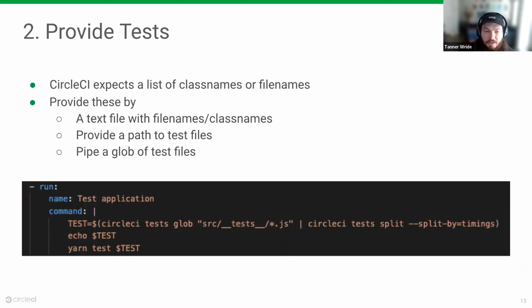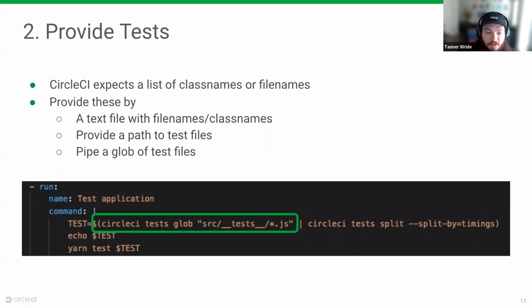So essentially what we're doing here is we're just saying that all the files inside my source directory under my tests folder, all my files that end in the .js extension, these are the files that are my tests and that I want you to split. The asterisk .js is just saying any name and then the extension .js.